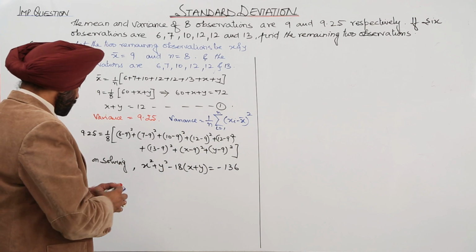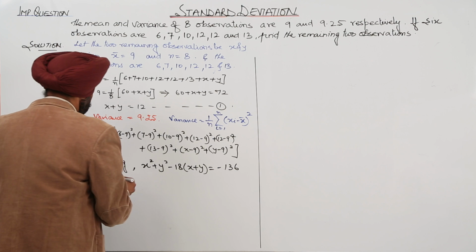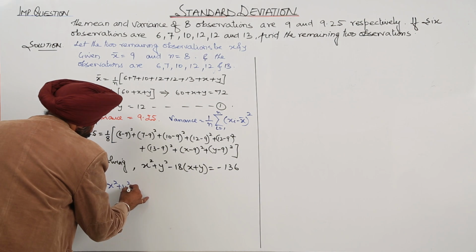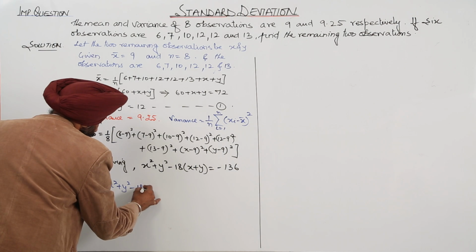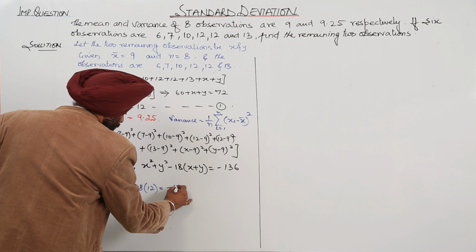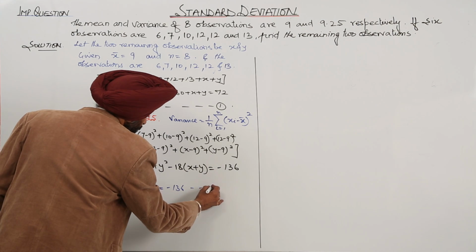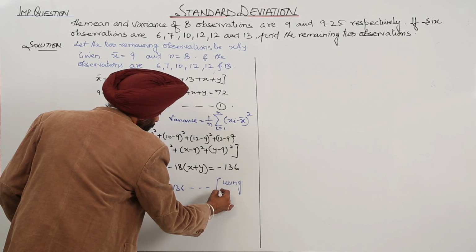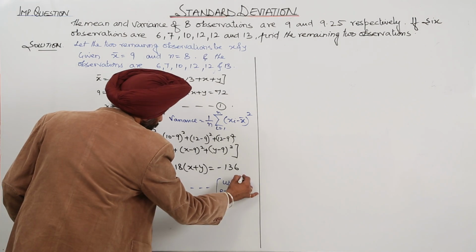Okay, now x square plus y square minus 18 with 12 is equal to negative of 136, using equation 1.